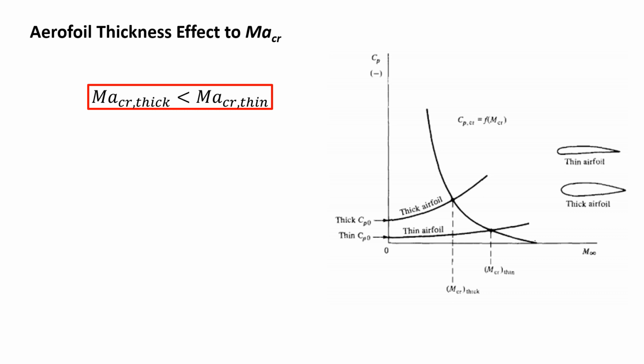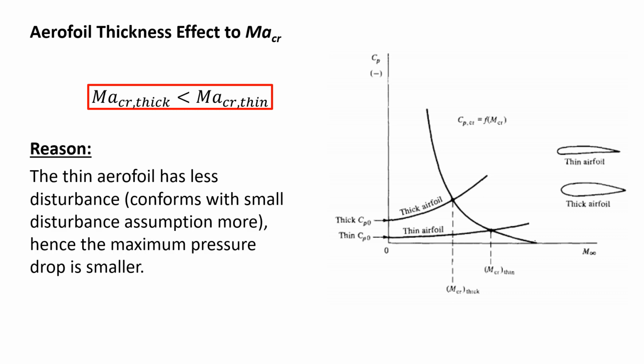A larger critical Mach number delays the appearance of the shockwave. That also explains why for high-speed or transonic aircraft, a thinner airfoil is preferred, because we can have a larger critical Mach number. The reason is that the thin airfoil has less disturbance, and it conforms to the small disturbance assumption more.